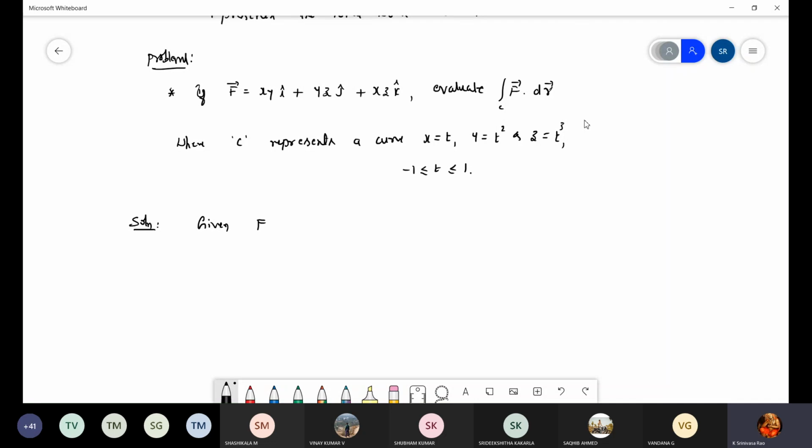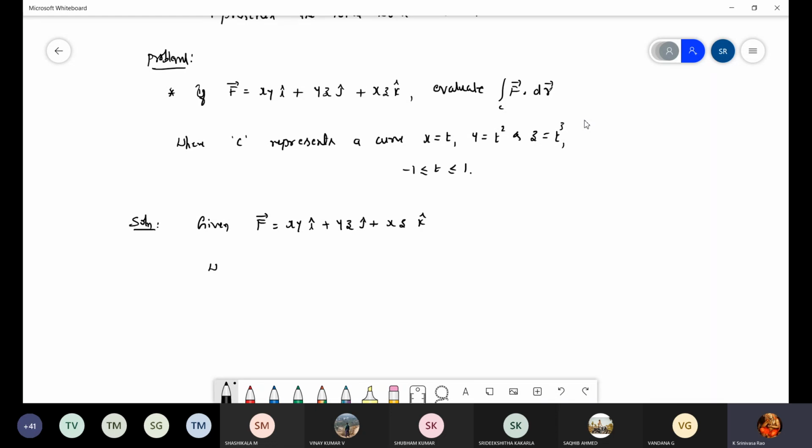Given F equals xy i cap plus yz j cap plus xz k cap. First we have to simplify this dot product of F and dr. F is given in the problem; dr we have to calculate.